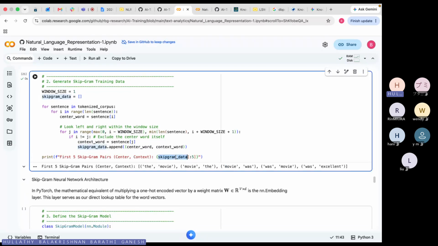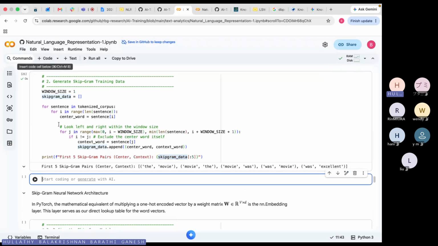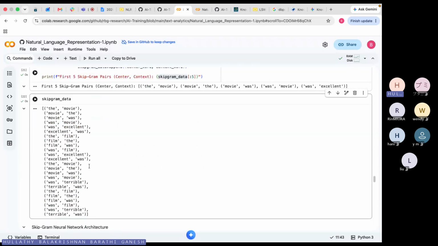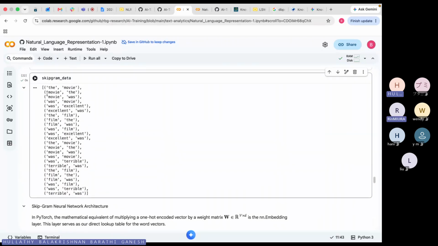If you see the entire skipgram data, you can see it here itself. These are the pairs we have: the movie, movie the, movie was, was movie, was excellent, excellent was, the film. So these are the inputs and these are the outputs to be predicted.